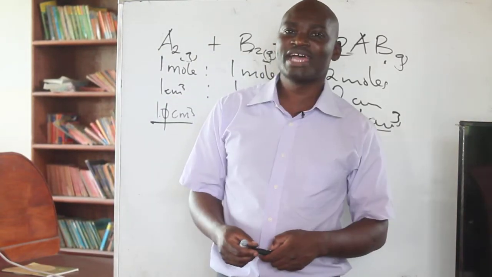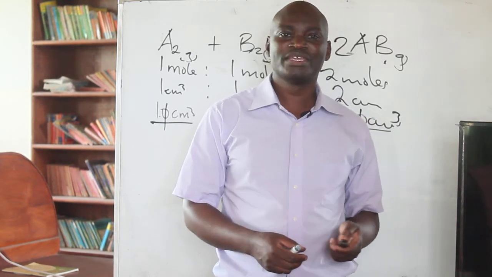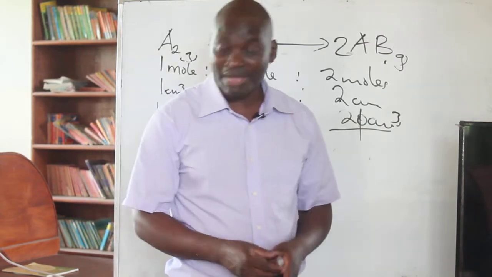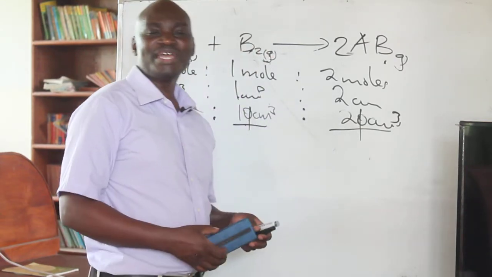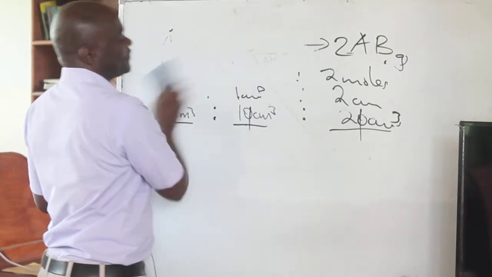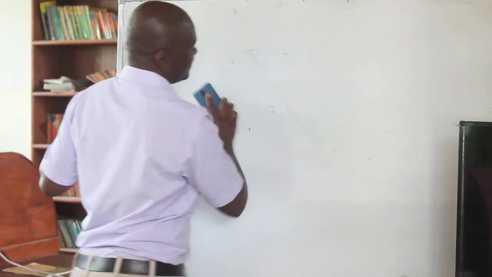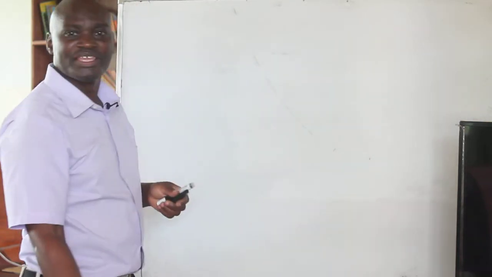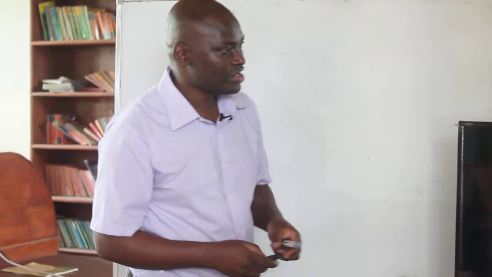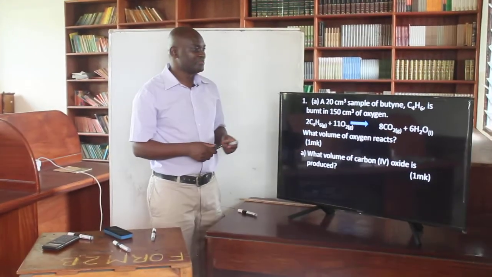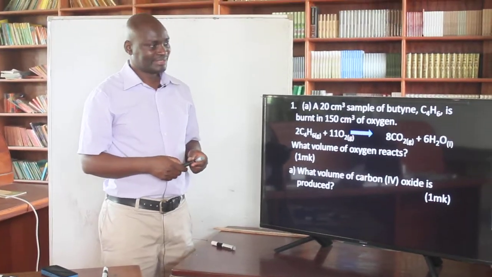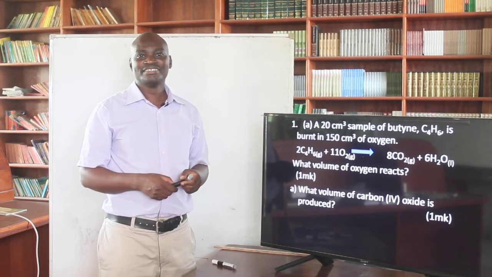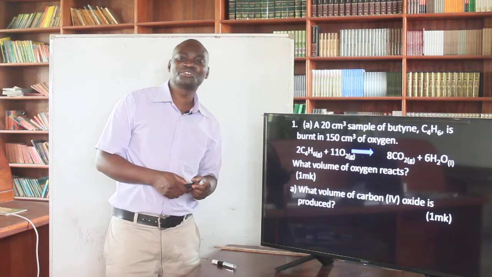Let us see how to apply Gay-Lussac's law. In our first example, we are told that a 20 centimeters cubic sample of butane, that is C4H6, is burnt in 150 centimeters cubic of oxygen.